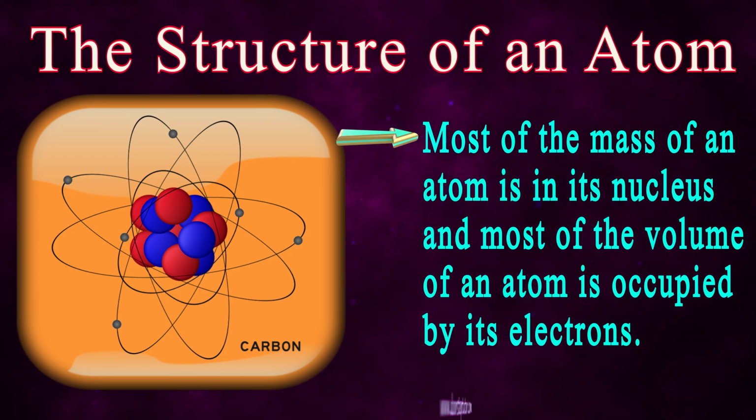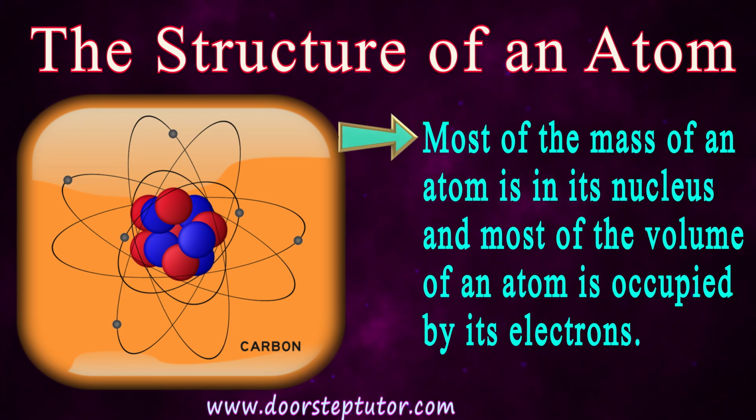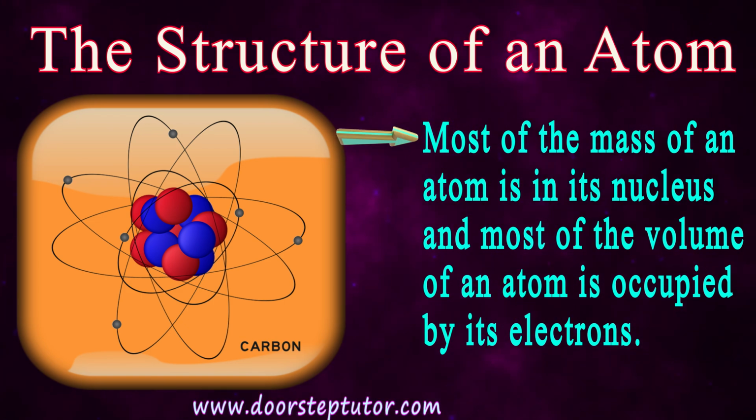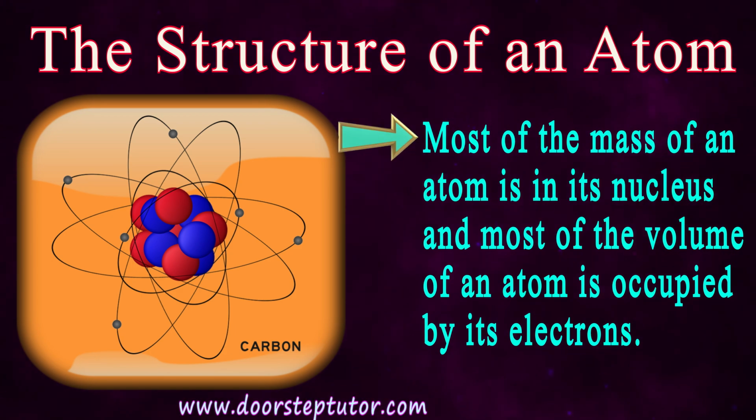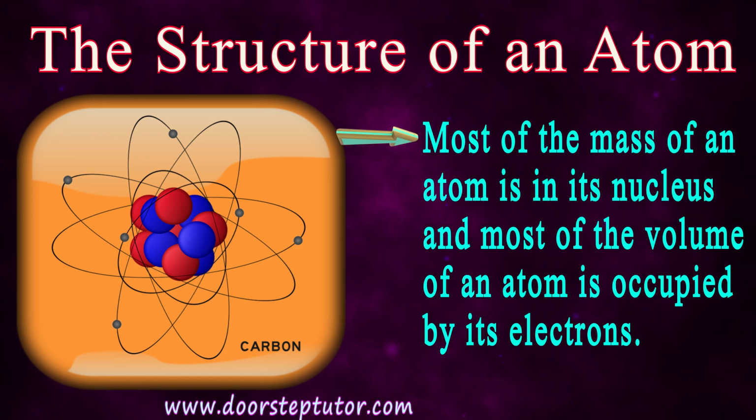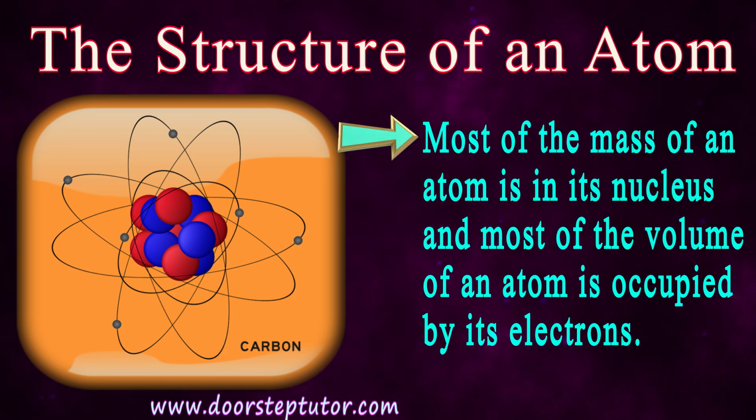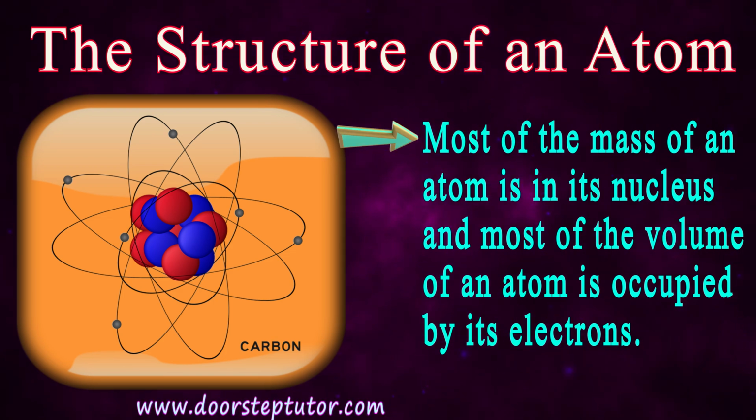The mass of electrons is very negligible, that's why it is not counted. So the number of protons and the number of neutrons makes the mass of an atom. And when we talk about the volume of an atom, it is occupied by its electrons.